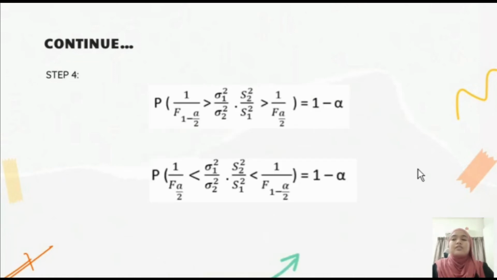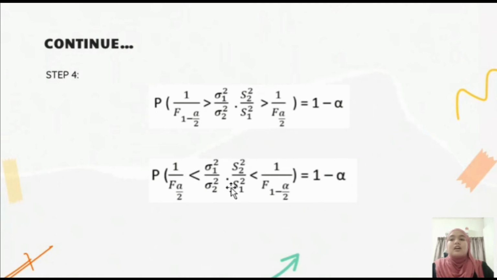Okay, so for step 4, we already simplified it into this form. As you can see, we already turned both sides, which is f sub 1 minus alpha over 2 and f sub alpha over 2, into a reciprocal form.